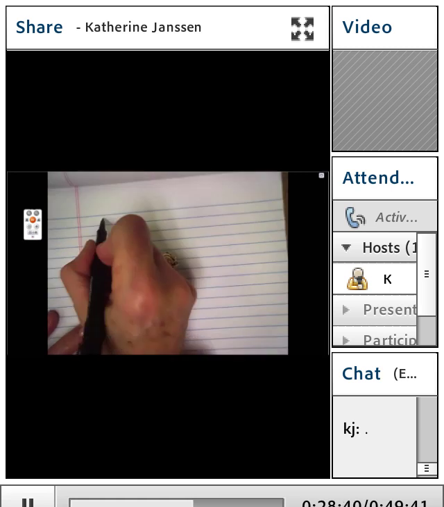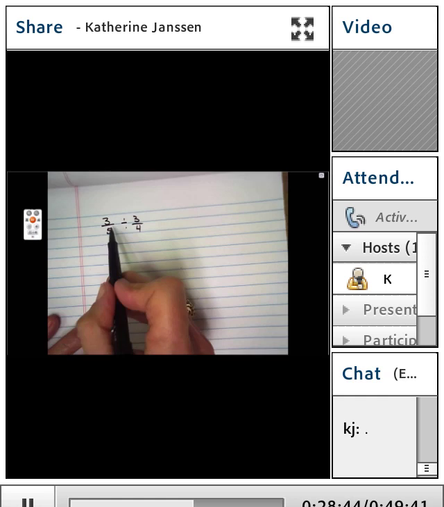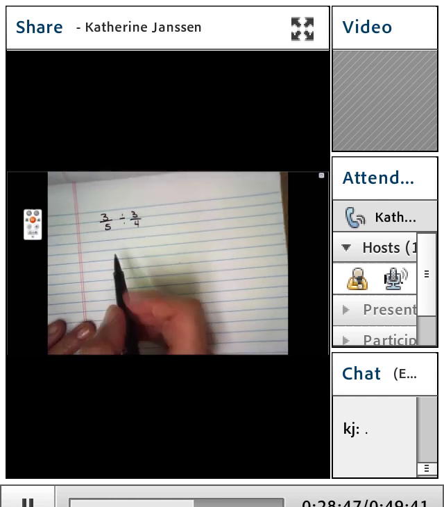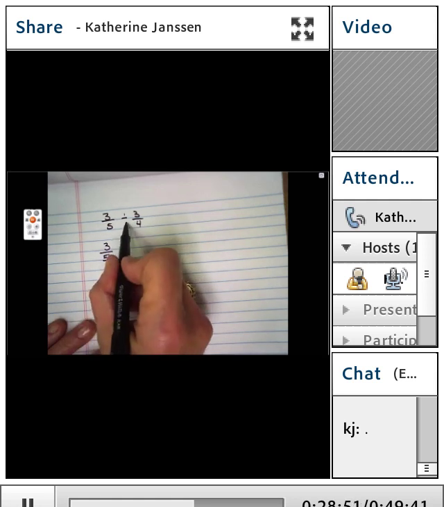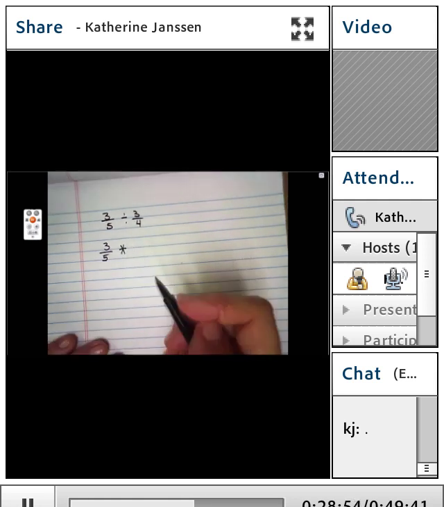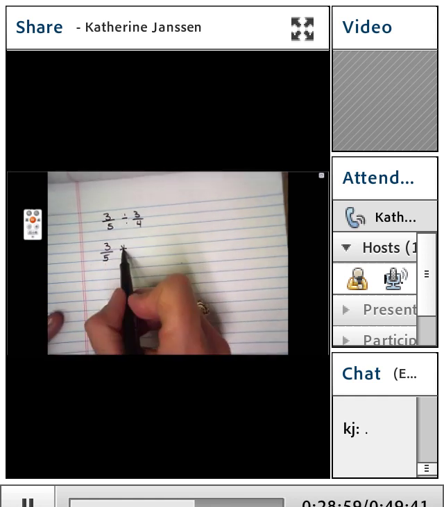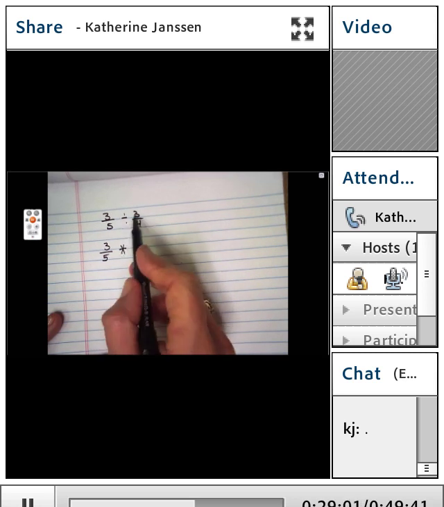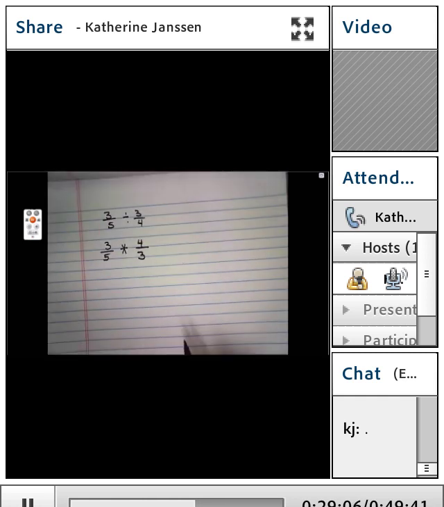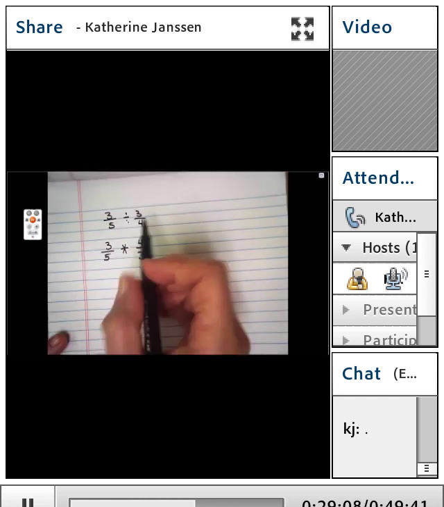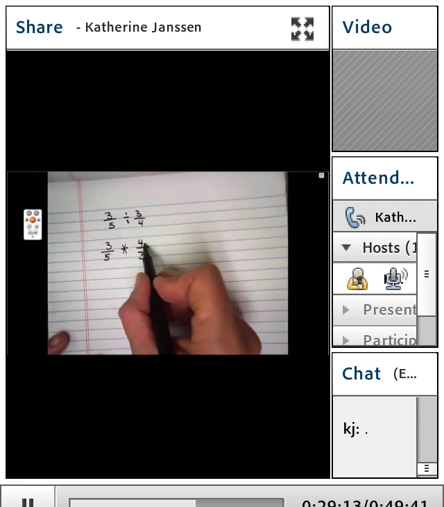If I'm dividing fractions, 3/5 divided by 3/4, I remember that I change division to multiplication because multiplication of fractions is a piece of cake. If I change division to multiplication, I need to also change the divisor to its reciprocal. So when we're dividing fractions, we change division to multiplication and multiply by the reciprocal of the divisor.